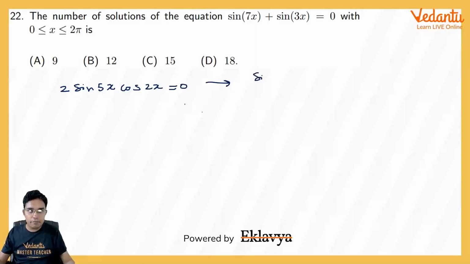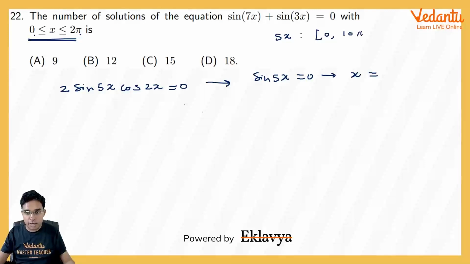So either sin 5x will be 0, and sin 5x equal to 0 means x will be, because x is from 0 to 2 pi, so 5x will be from 0 to 10 pi, both included. So corresponding to 0, let me first write 5x, so it will be 0, pi, 2 pi, and so on up to 10 pi. So my value of x will be 0, pi by 5, 2 pi by 5, and so on up to 2 pi.